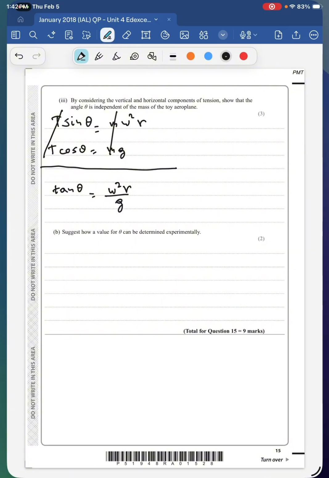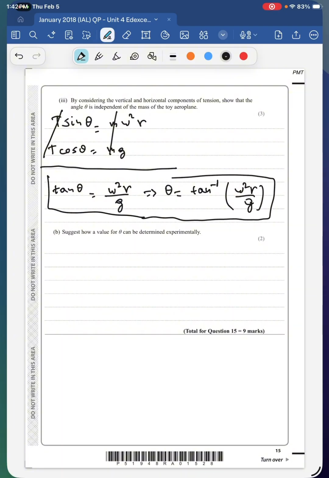Does that make sense? It does, yes. So we see that the angle theta is the inverse tangent of omega squared r over g. And that's the answer.